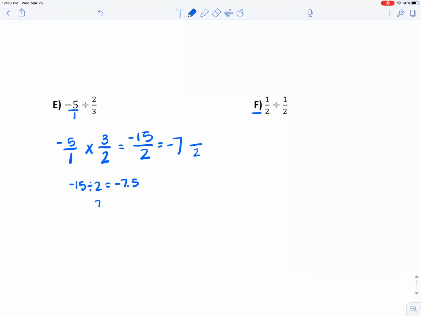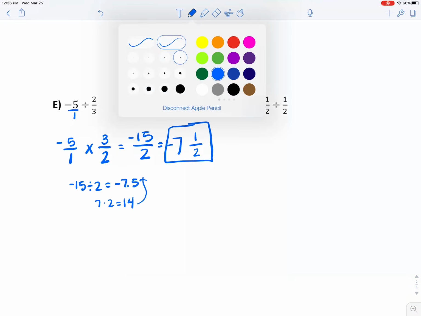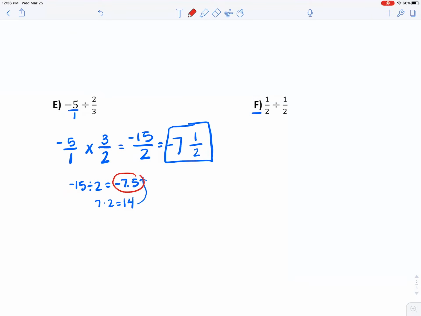If I think about 7 times 2, that's the number 14. So how do you go from 14 to 15? 1 is left over. So negative 7 1/2. Another way that you can think about that is that negative 7.5, we should know that 0.5 is the same thing here. 0.5 is the same as 1/2. So that's where we can get the negative 7 1/2 quickly.